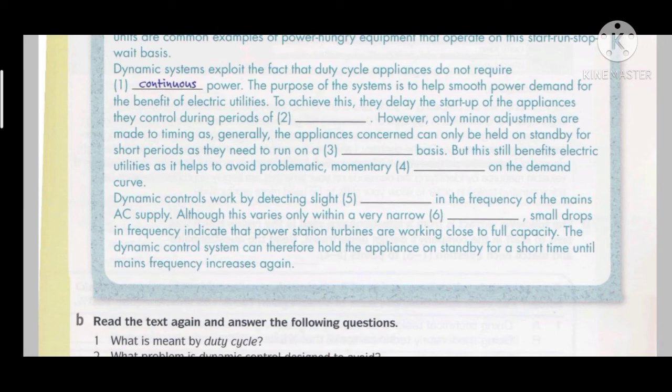AC stands for alternating current. This is true because, as you know, the alternating current is an electrical current that reverses its direction many times, and it's used in power supplies.